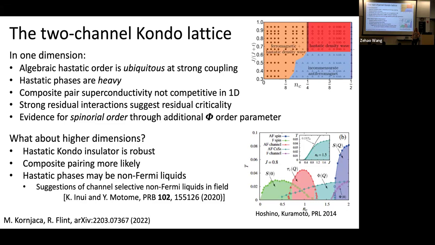What are the steps to go from these results to a realistic three-dimensional system? Yeah, so you can do a couple of things.